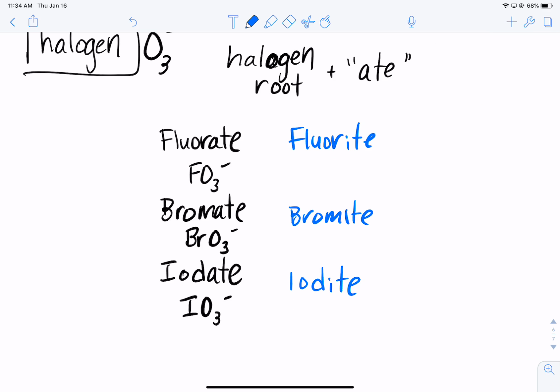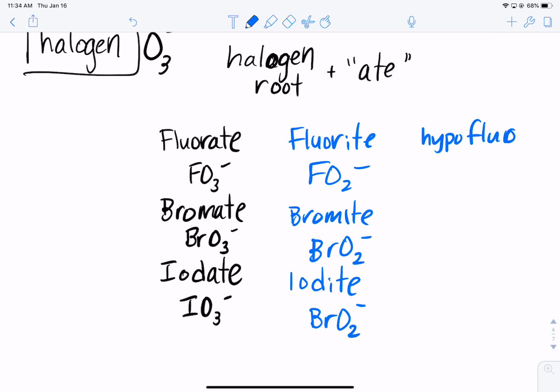Ite means one less oxygen, so it's the same formula, with two minus. And then again, I'm not going to do all of it, but if you put hypo in front of it, hypofluorite, let's say. Geez, I can't spell. That would just be one less than its ite partner, so just be FO minus.